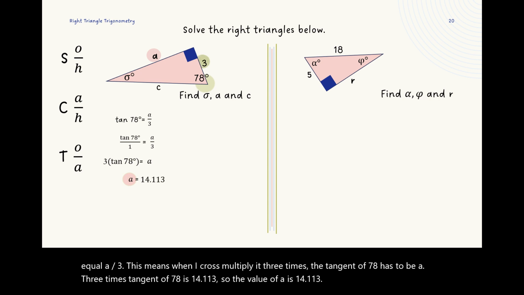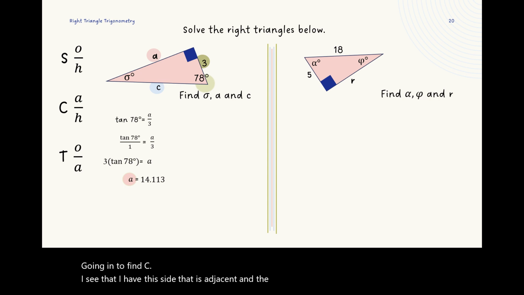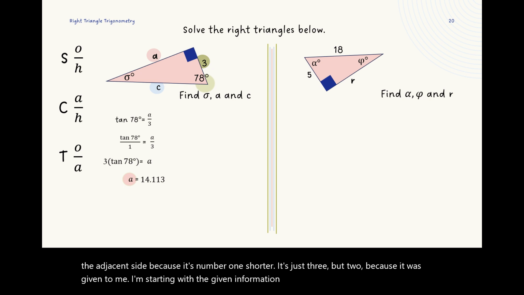Going in to find C, I see that I have the side that is adjacent and the side that is the hypotenuse. I'm going to use the adjacent side because it's number one, shorter, it's just 3, but number two, because it was given to me. I'm starting with the given information first and giving it preference.